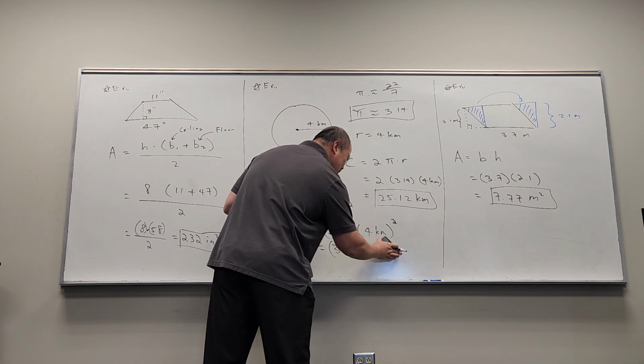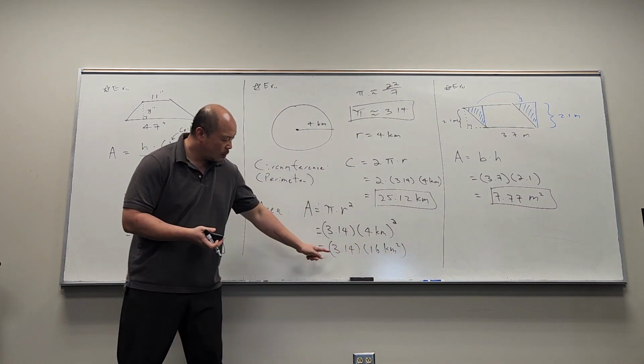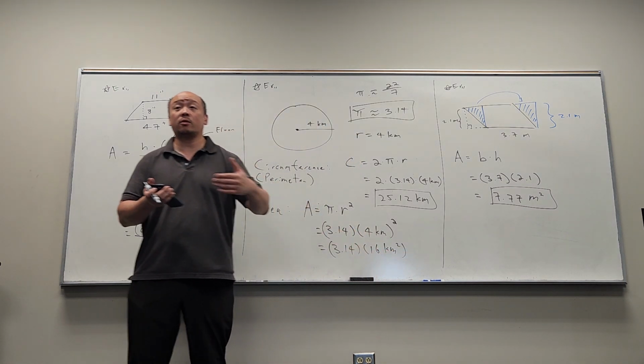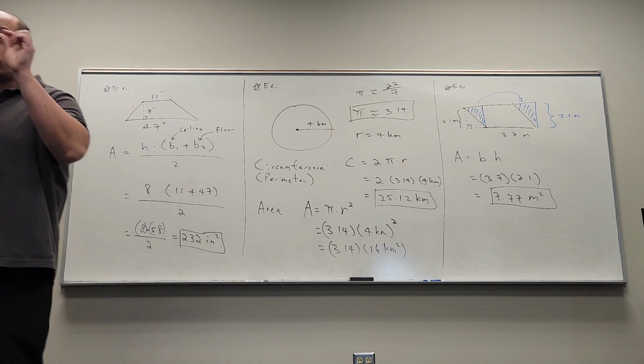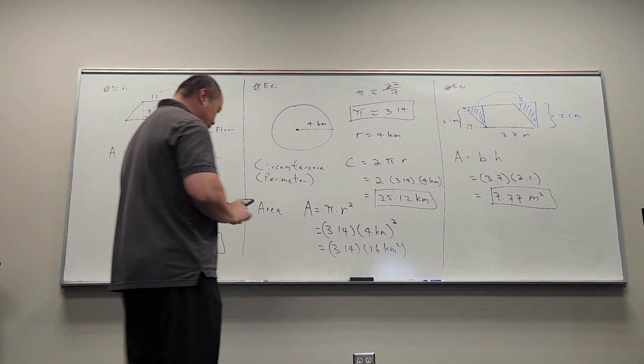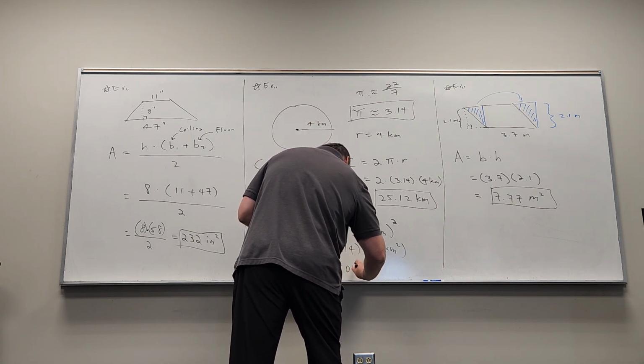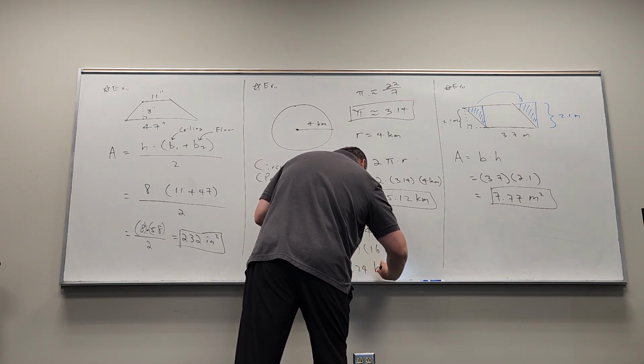Are you okay? This is gonna be square kilometers, right? 3.14 times 16, but it's square kilometers because you square everything, right? So just put it in your calculator: 3.14 times 16. I have 50.24 square kilometers.